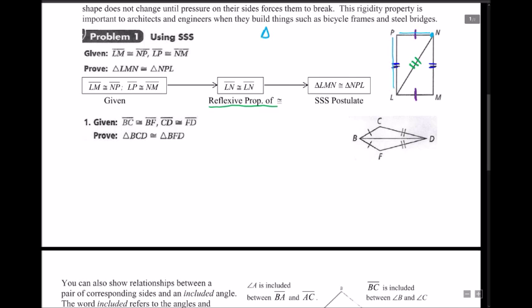So I would name this triangle, I would go N to P to L. And then when I looked at my other triangle, I would find side 1 to side 2, so I would know that I would go this direction. So that would be L to M to N. So it doesn't matter where you start, but making good decisions will be helpful. All right, why don't you pause the video and try to do the next proof on your own.